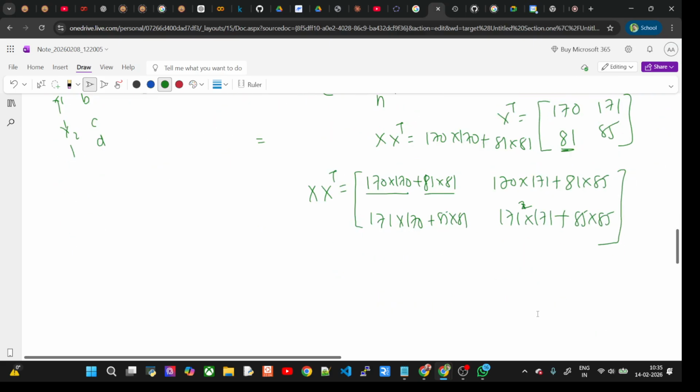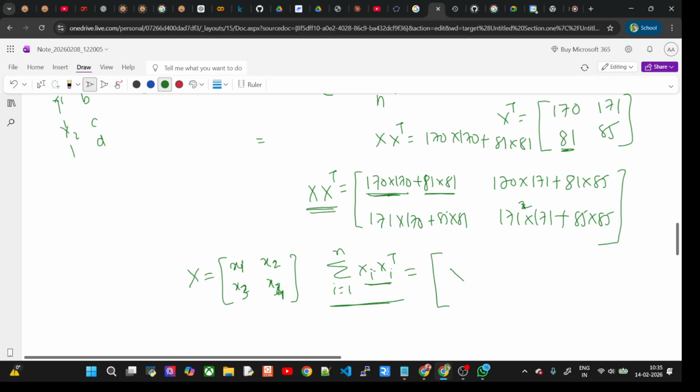So what you are doing here is the same calculation. In this case, we do the summation over i of xi into xi transpose. If I do this calculation with the xi we have, x1, x2, x3 and x4, it indirectly gives me the same result as X into X transpose.